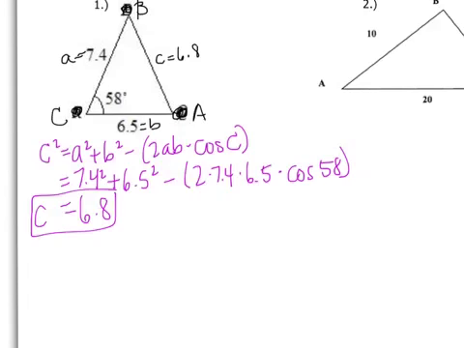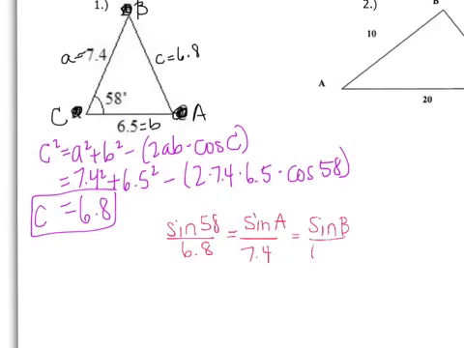So at this point, you could say the sine of 58 degrees over 6.8 is equal to the sine of A over 7.4, which is equal to the sine of B over 6.5, and go back to what we did last class.